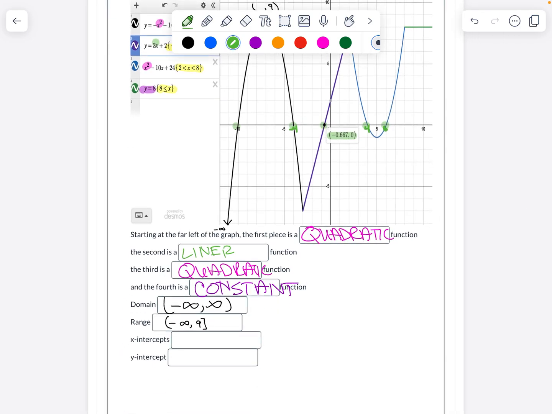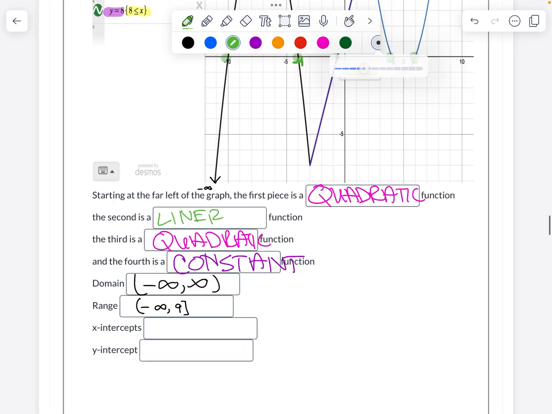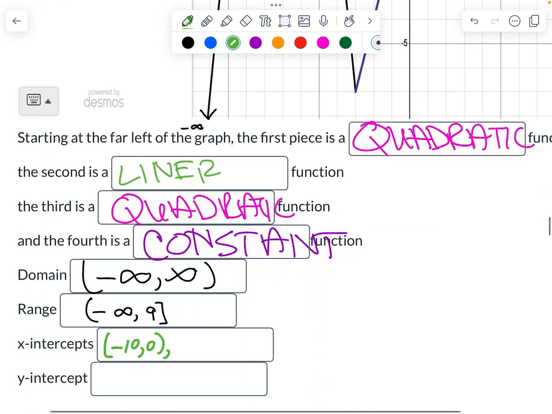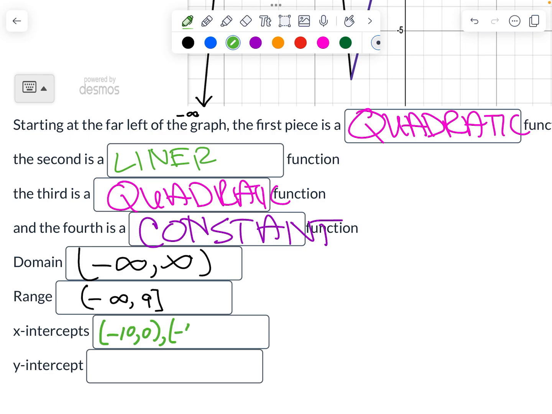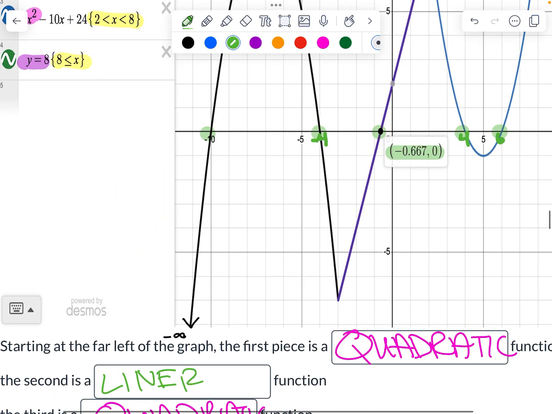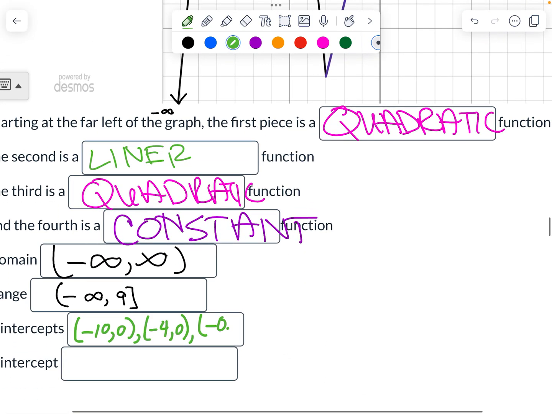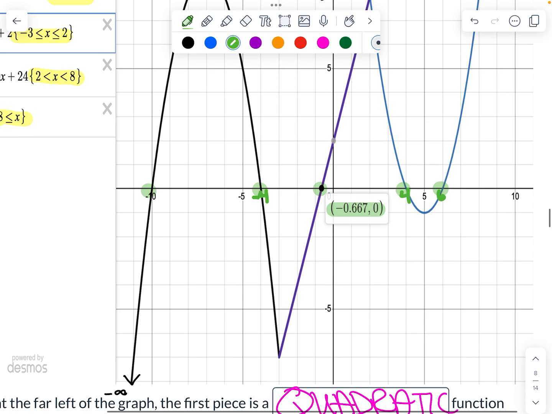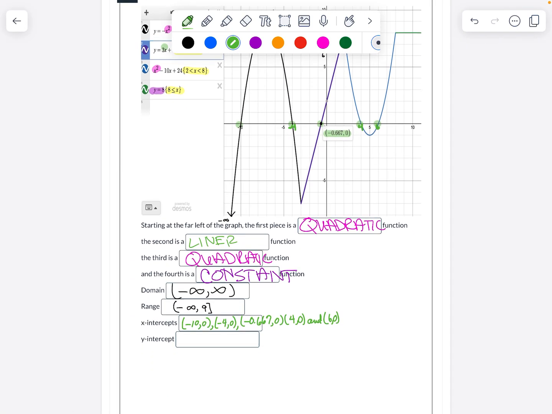So, I think we could go smaller. -10, 0. -4, 0. -0.667, 0, 4, 0, and 6, 0. How good is my memory? Pretty darn good. All right.